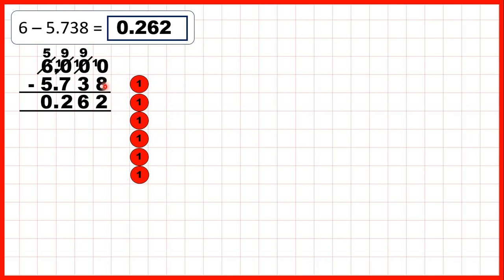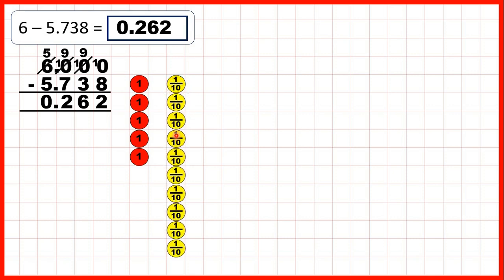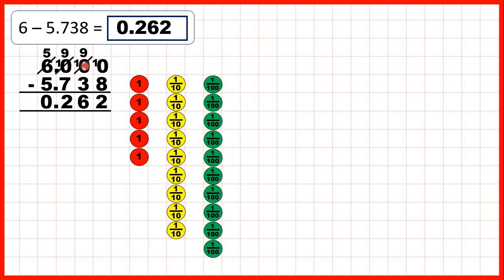Finally, we started with 6, so that's 6 ones. But first, we wanted to subtract 8 thousandths. To do that, first, we had to exchange one of our ones for 10 tenths. Then, we had to exchange one of those tenths for 10 hundredths. And then, we exchanged one of those hundredths for 10 thousandths.